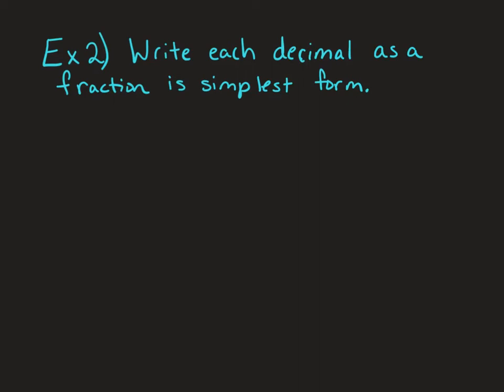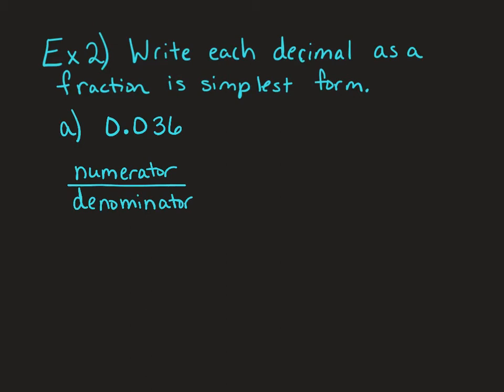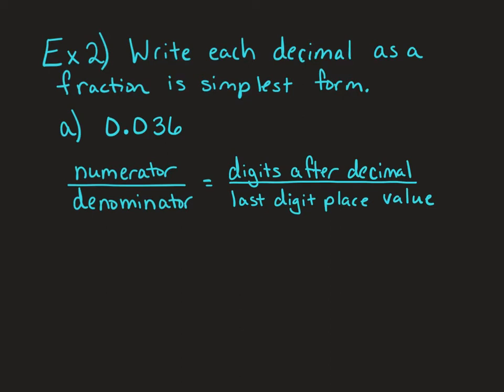Example 2, we're going to write each decimal as a fraction in simplest form. We have 0.036. Remember, a fraction has a numerator over a denominator. We can write a decimal as a fraction by writing the digits after the decimal for the numerator, and then use the place value of the last digit for the denominator.